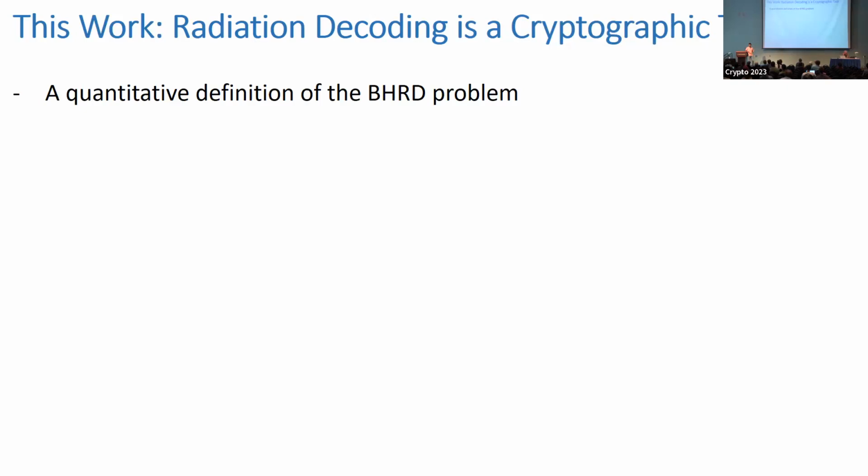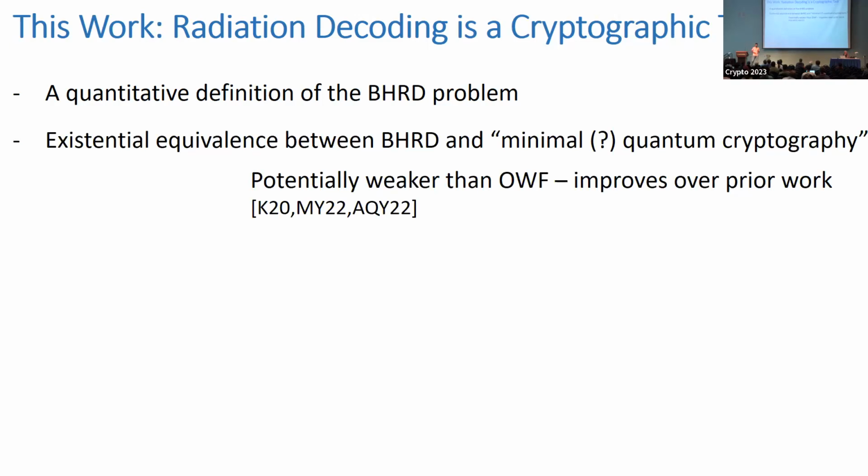Well, we started by showing a more quantitative definition of the black hole radiation decoding problem. This allows us to show an existential equivalence between the hardness of the radiation decoding problem and some quantum cryptographic primitives. These cryptographic primitives are useful, so you can do cryptographic stuff with them, and also they're potentially weaker than one-way functions.